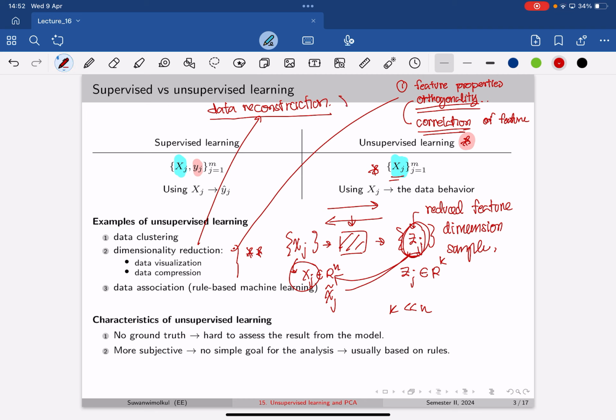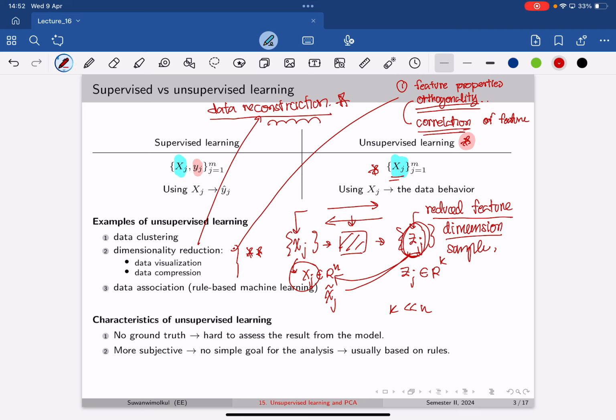And actually, a byproduct of the data reconstruction from the reduced feature dimension sample is interpolation. What is interpolation? Interpolation is very similar to reconstruction, except that there are some defects in your original input.